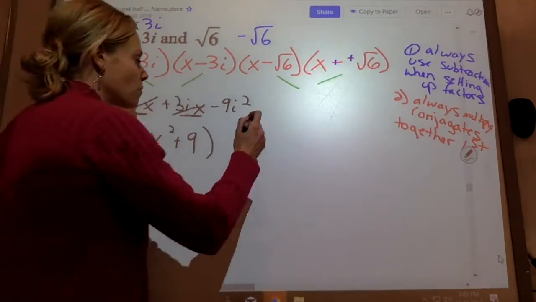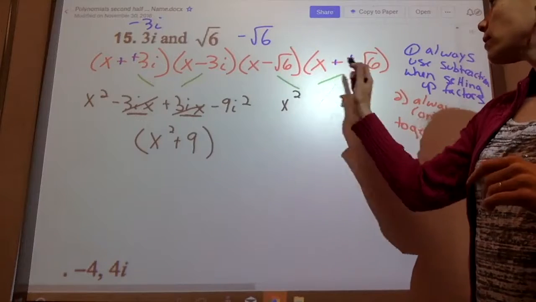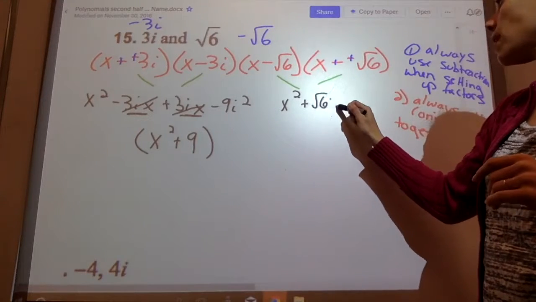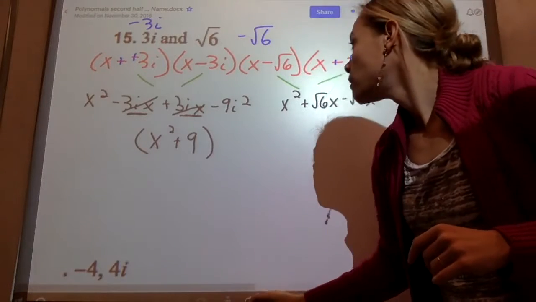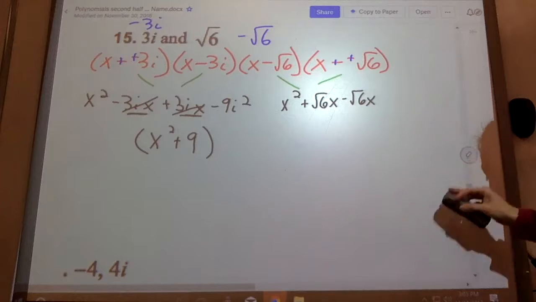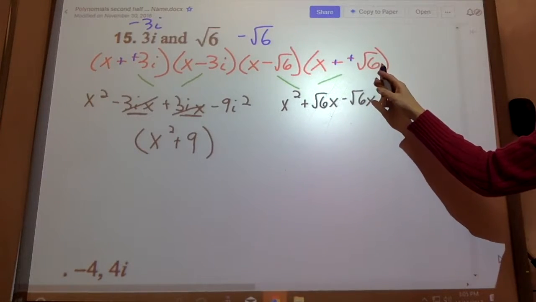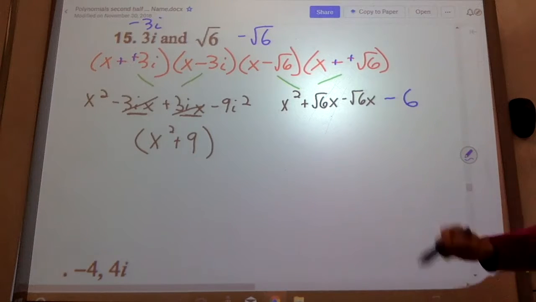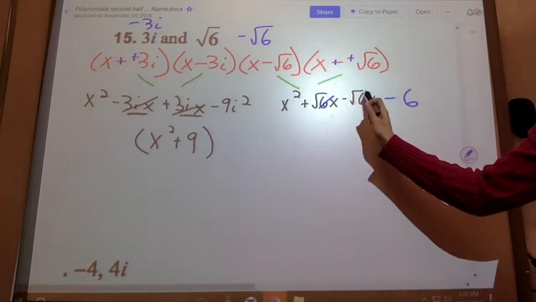Then you'd want to FOIL these two together. So x squared plus square root 6 x minus square root 6 x. And then what's square root of 6 times square root of 6? Square root of 36, which is 6. Right? These cancel out.